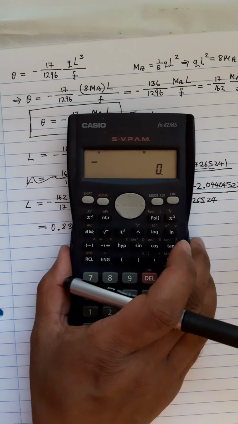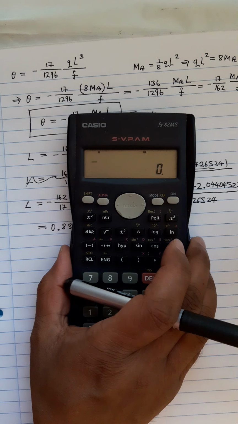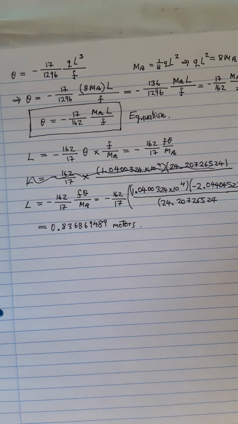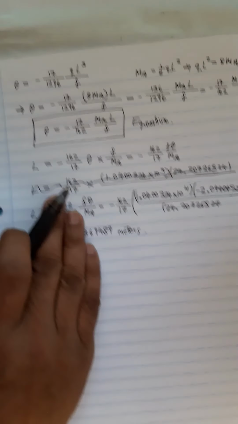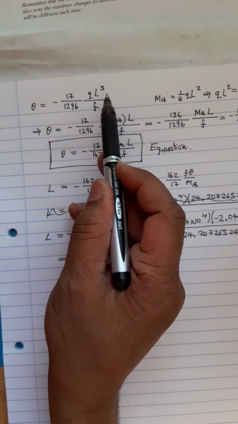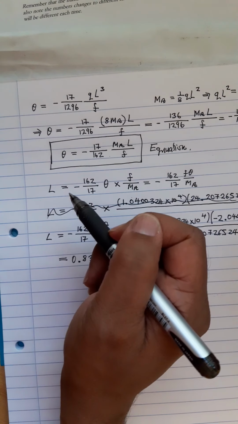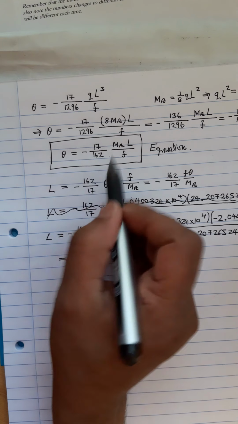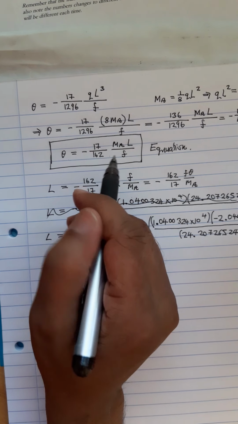Now I must work out the magnitude of the UDL, in other words the value of Q. So I've got the angle theta in terms of the UDL, the length and everything. So I can just as well rearrange this equation.